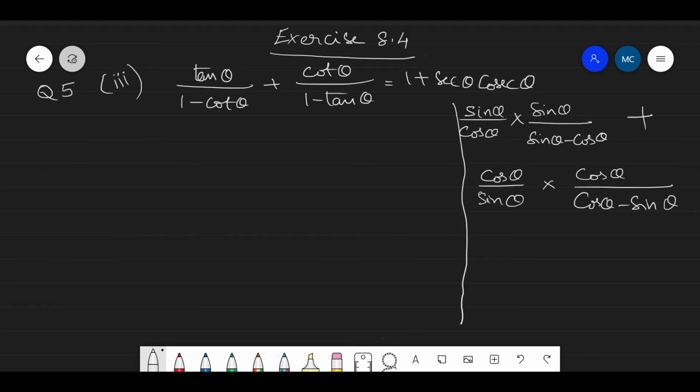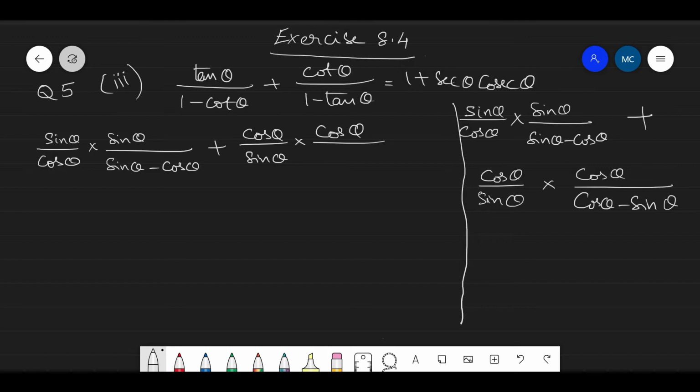We are writing the same statement here, that is sin theta by cos theta into sin theta by sin theta minus cos theta plus cos theta by sin theta into cos theta by cos theta minus sin theta. Here if you observe the denominators, on the left side part you are having sin theta minus cos theta, and here on the right side you are having cos theta minus sin theta.